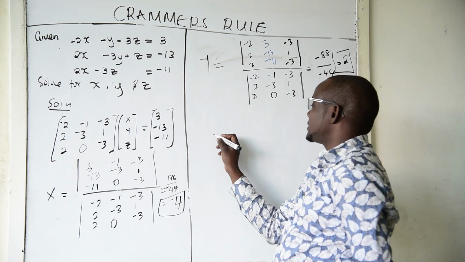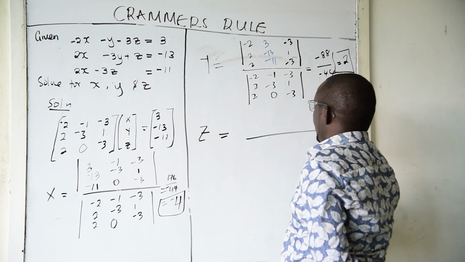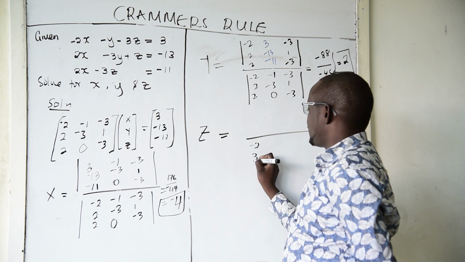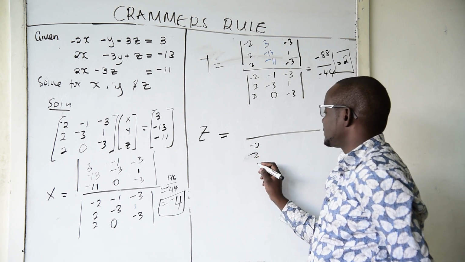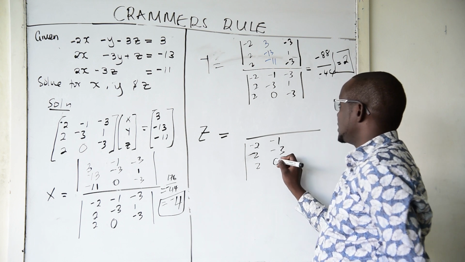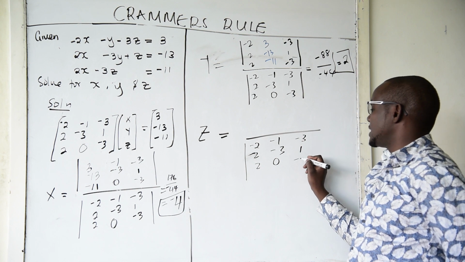If you want to solve for z, you maintain the same denominator: negative 2, 2, 2, then negative 1, negative 3, 0, then negative 3, 1, negative 3.